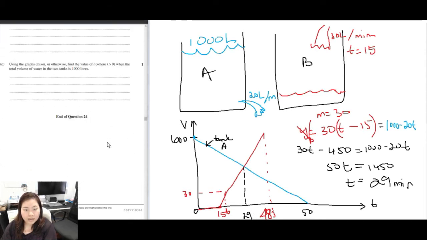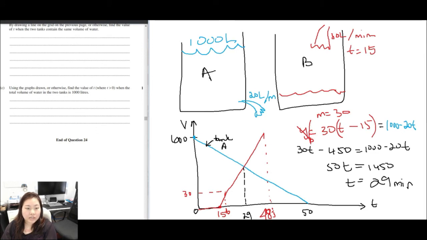Okay, and C. Using the graphs drawn or otherwise, find the value of T, where T is greater than 0, when the total volume of water in the two tanks is 1000 liters.